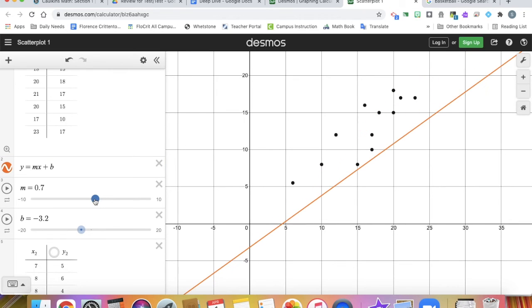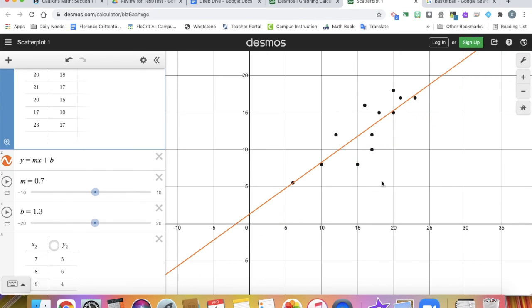I can change the slope. I like changing the slope first to try to get the shape I think it looks like. Like I think it's kind of angled like this, most of the data. And now I'm gonna move it up. So I still don't feel like if I were to draw a shape around this, that the line's doing exactly what the data is doing.